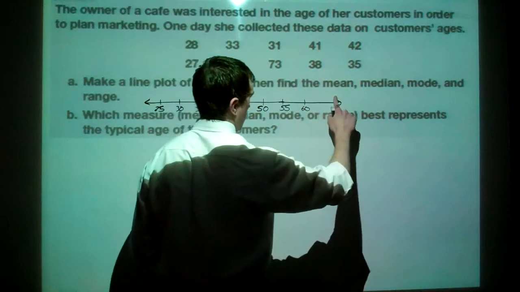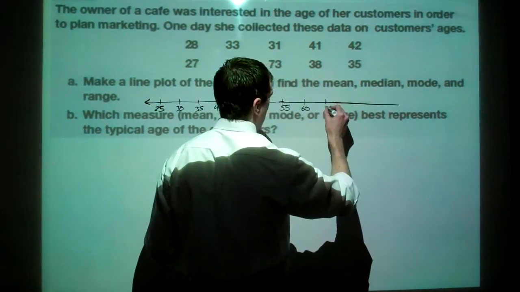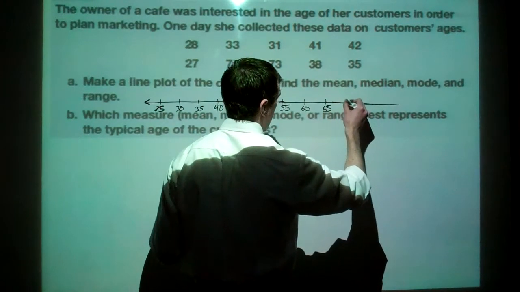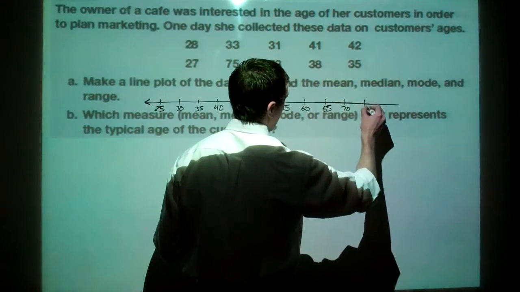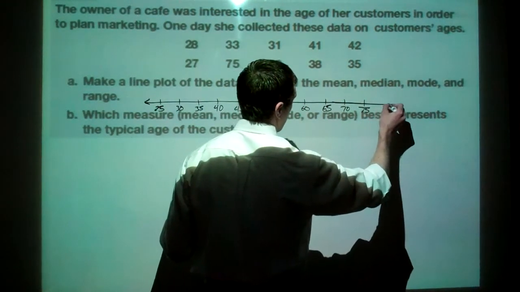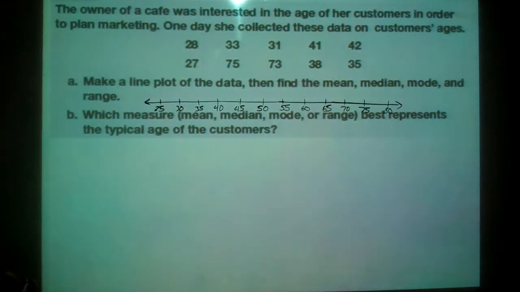I'm going to have to extend my line here. 65, 70, and 75, 80. Okay, so there we go. Just a line plot, then we kind of put things about where they should go. You can get more accurate with this, but I'm going to keep it pretty tame and just kind of approximate.